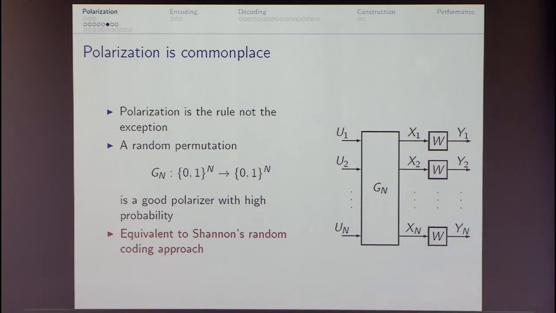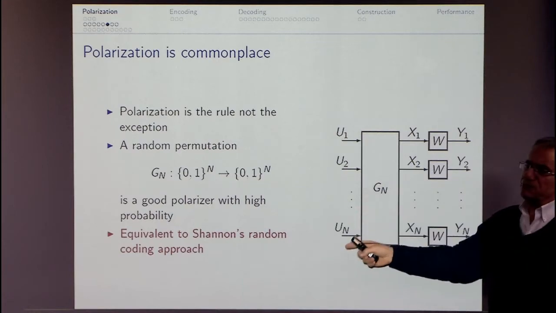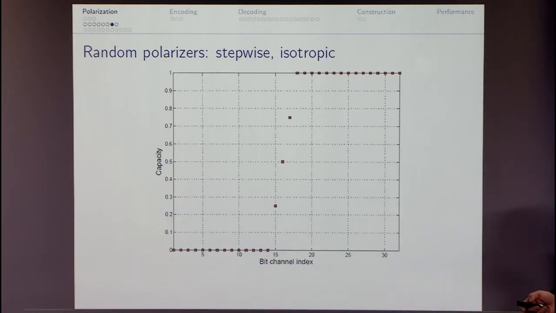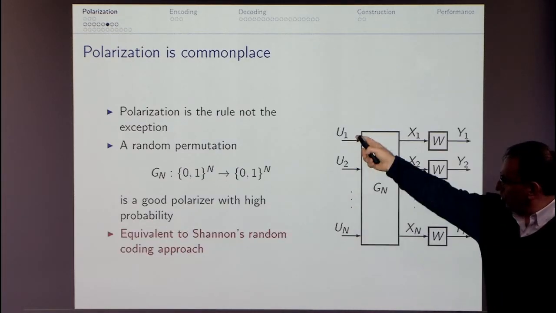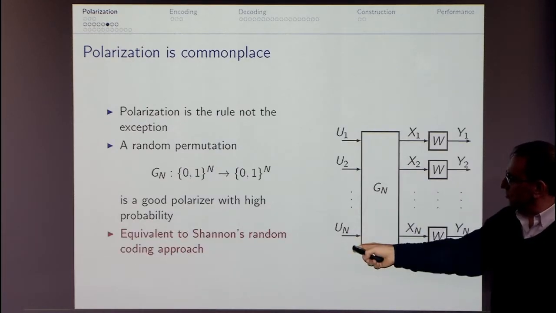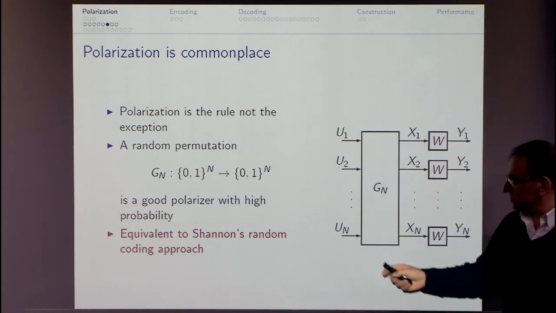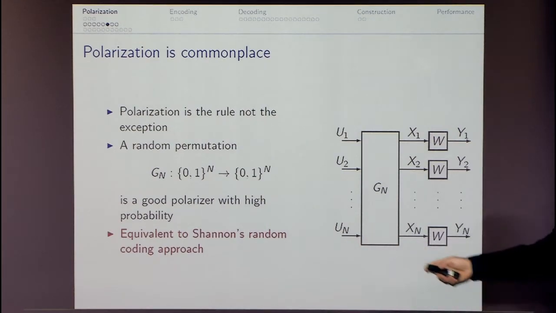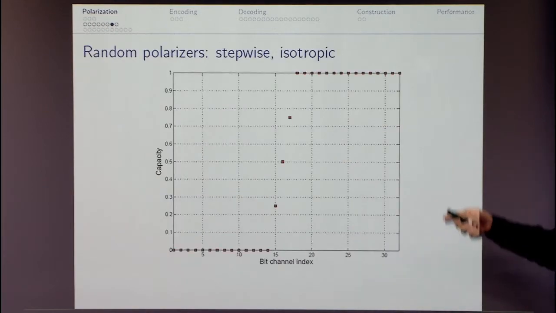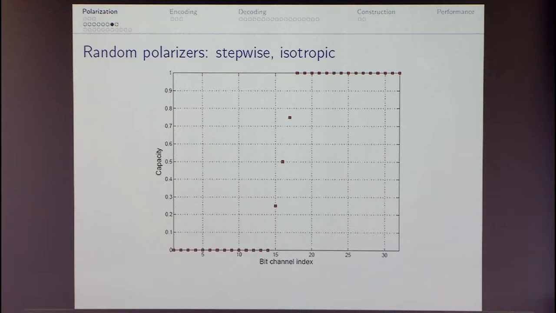With the recursive matrices, etc., that I will talk about, the order is extremely important. With randomly chosen matrices, the order in which you start and do the decoding is unimportant. So you can start in any order, you will still see this stepwise polarization. In that sense, it is isotropic. There is complete symmetry. These are obvious statements.